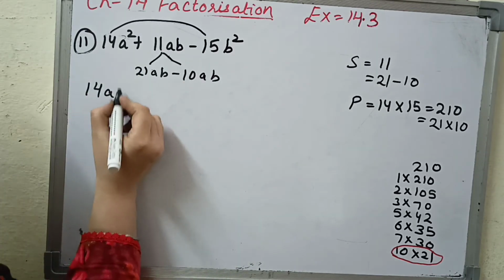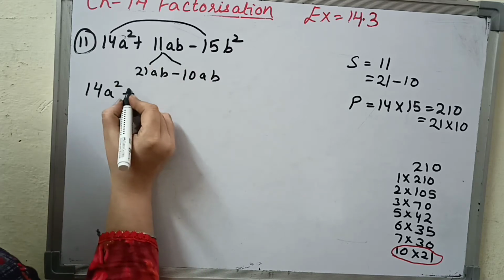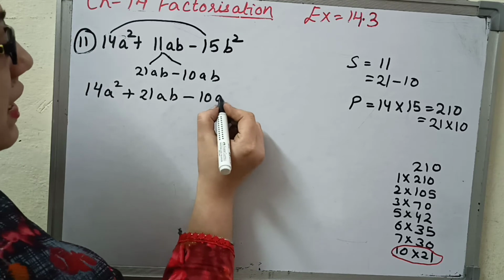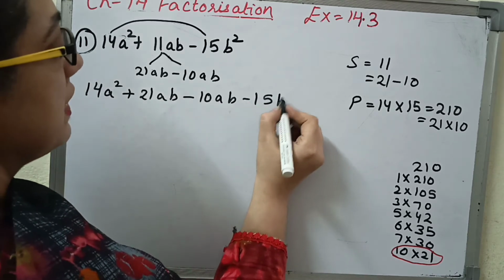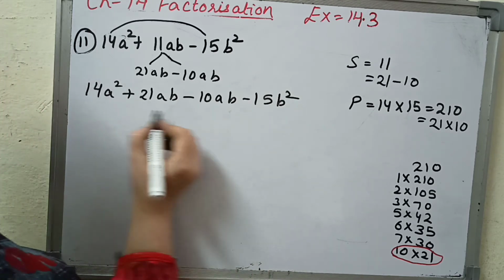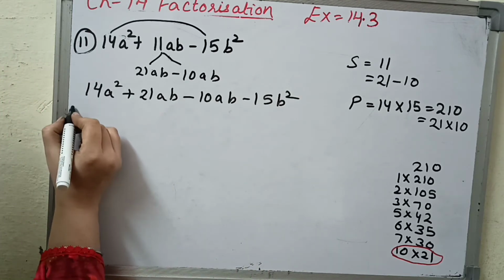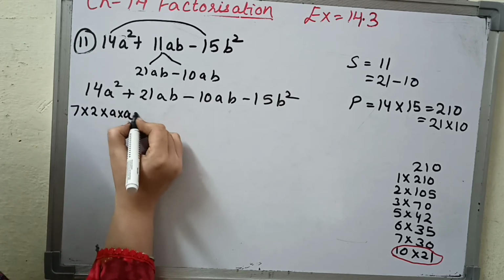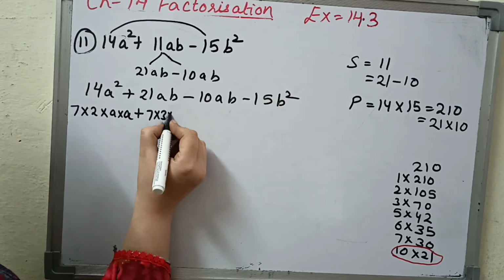Now write down the expression again after splitting the middle term, that is 14a square plus 21ab minus 10ab minus 15b square. Now make the factors of the first two terms and last two terms and take common. Now 14a square can be written as 7 into 2, a into a. 21ab can be written as 7 into 3, a into b.